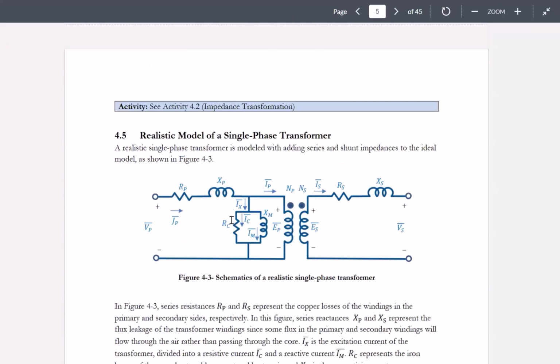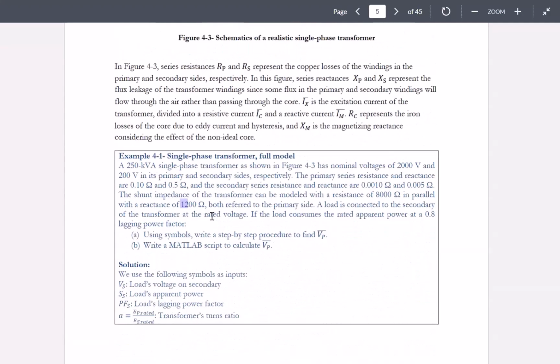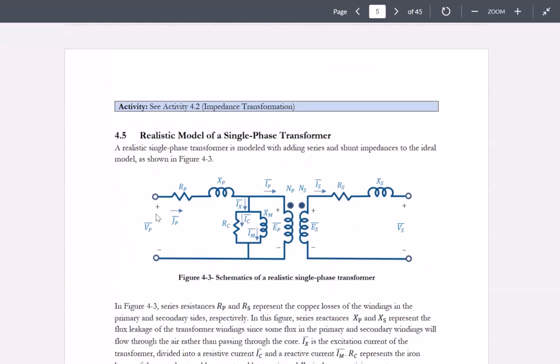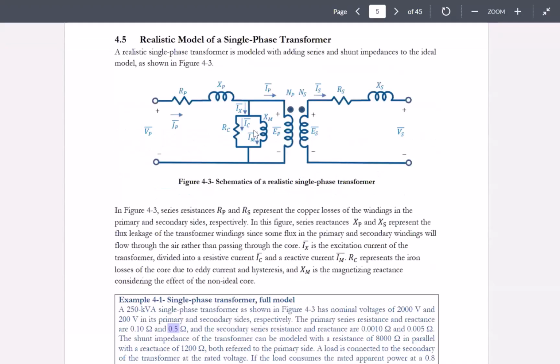And the 0.1 and 0.5, RP and XP, are referred to the primary side. RS and XS are referred to the secondary side, and RC and XM are also referred to the primary side. That's because we know if we go from one side to the other side, the impedance will also transform based on NP over NS squared.